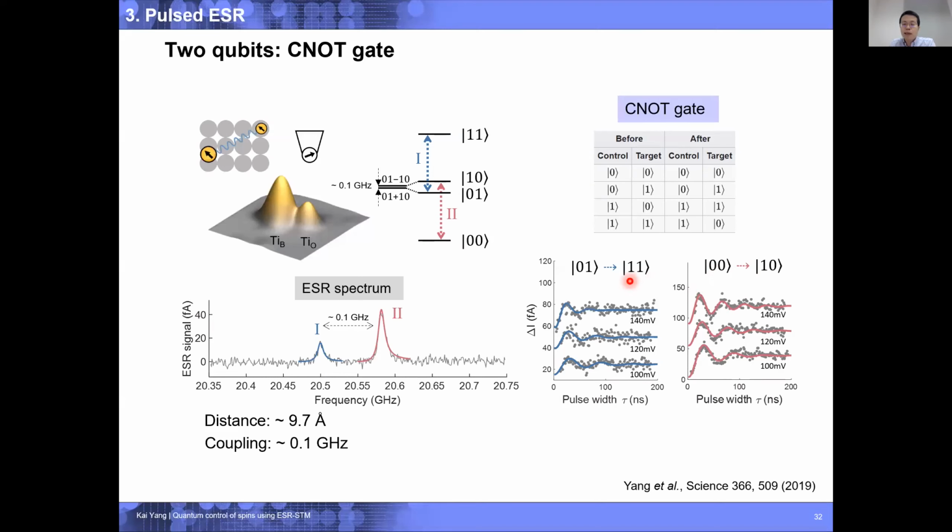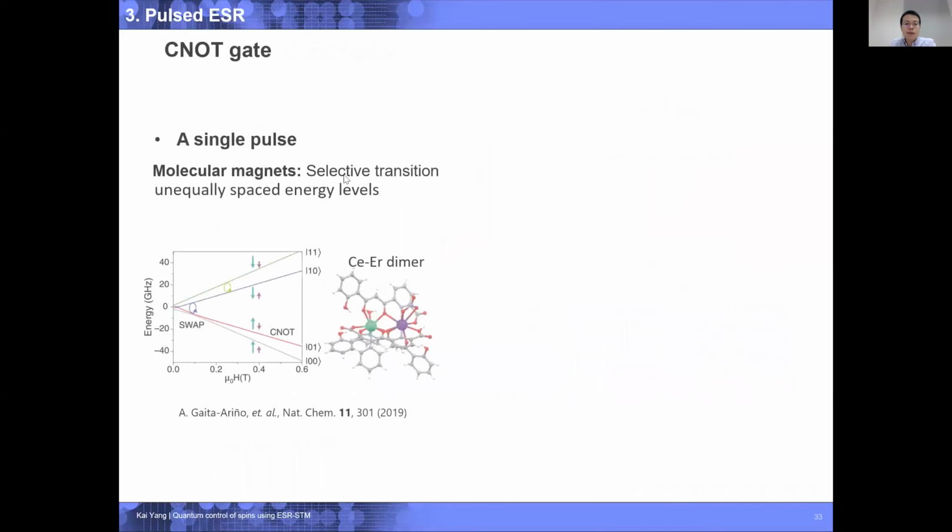So this is basically a very simple demonstration of the quantum CNOT gate between the 2 qubits. The key to realize this selectively driven CNOT gate is to have an unevenly spaced energy level diagram. A similar idea has also been previously used in molecular magnet systems to realize the quantum CNOT gate.